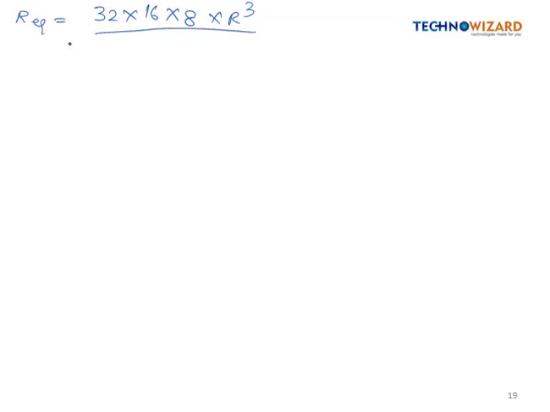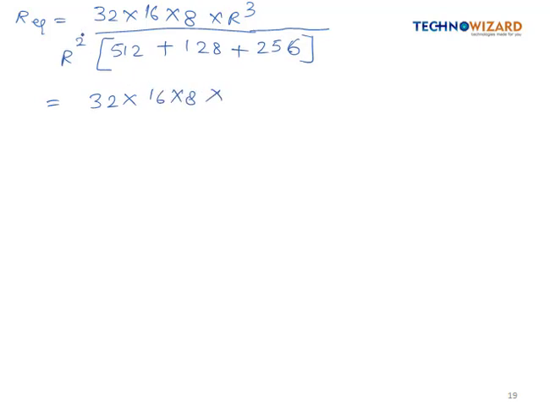From the denominator I have taken R squared common, which gives 512 plus 128 plus 256, so R squared cancels and R remains. This is 896.